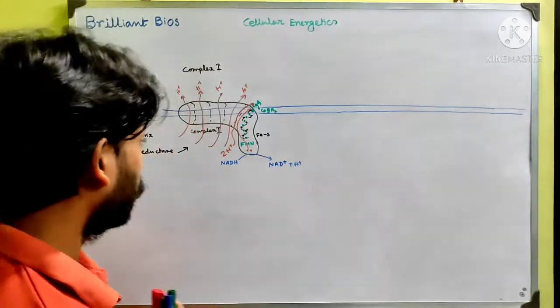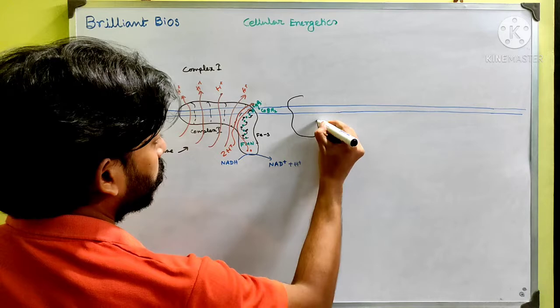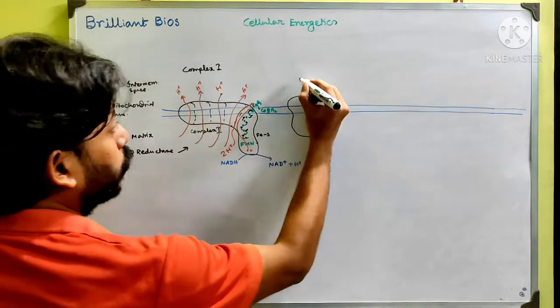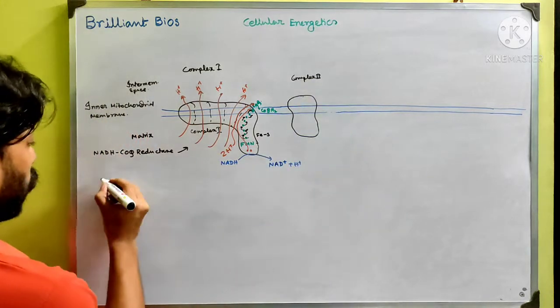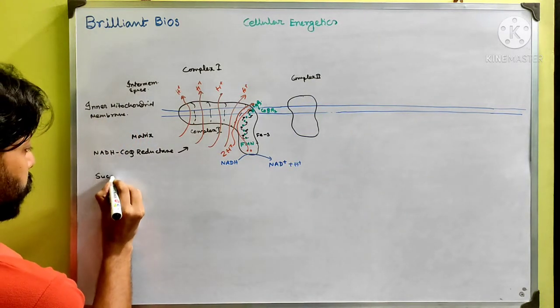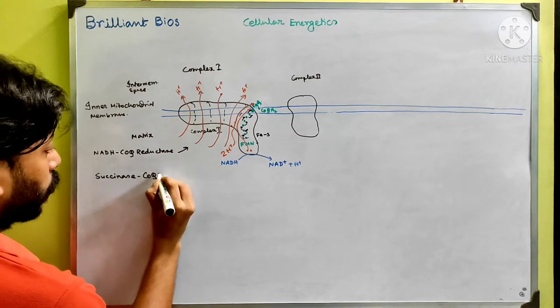Let's suppose this is the complex 2 enzyme. This complex 2 enzyme is known as succinate CoQ reductase.